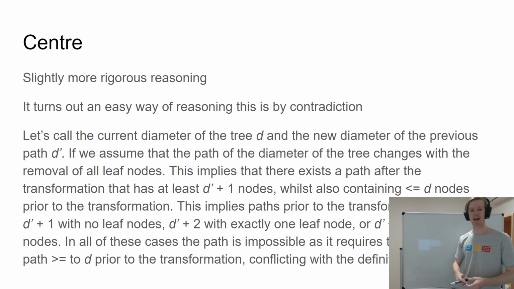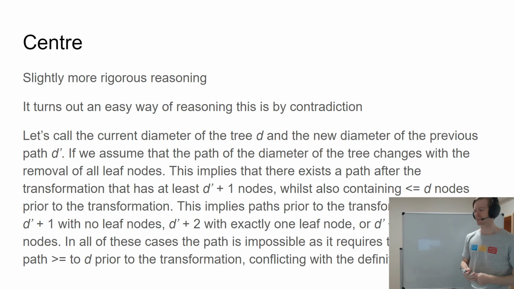It's okay if we have a path that has the same diameter, because naturally, as we remove nodes, we're going to eventually remove enough nodes that it'll get to the center.